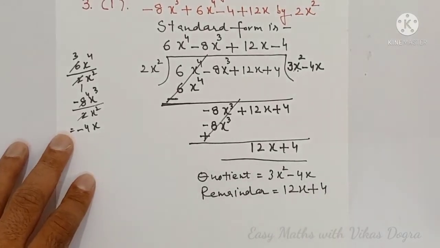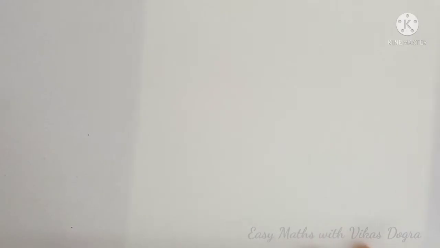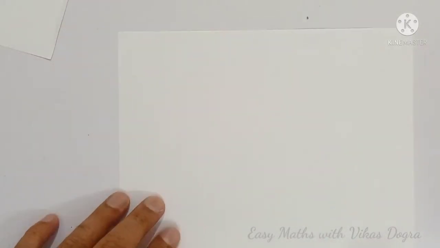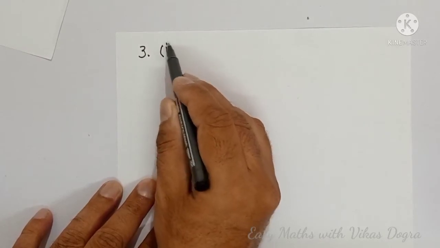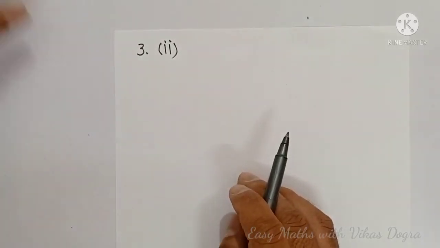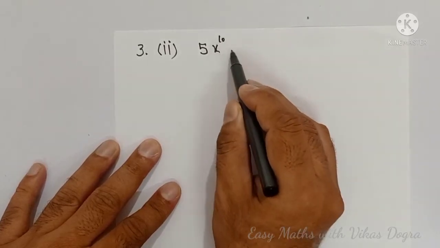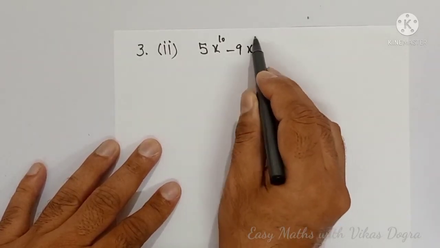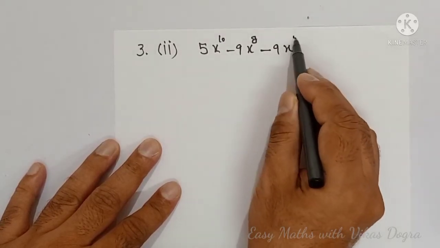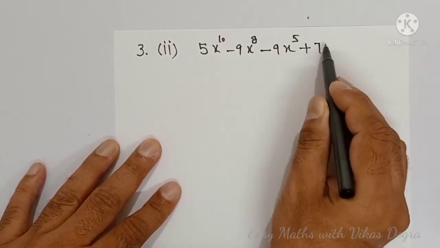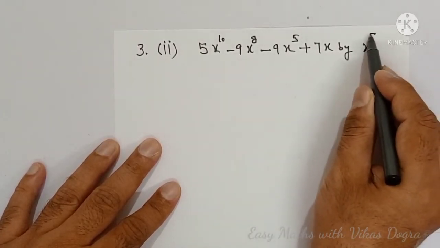So this was part number 1 of question number 3. Now I am doing part number 2 of question number 3. This is 5x power 10 minus 9x power 8 minus 9x power 5 plus 7x by x power 5.